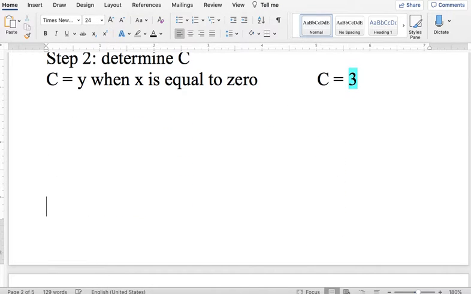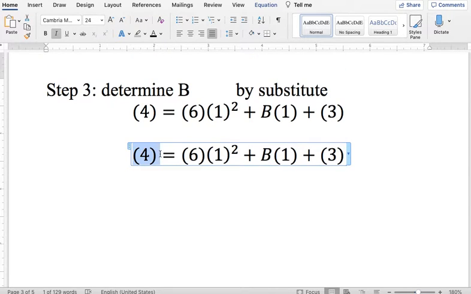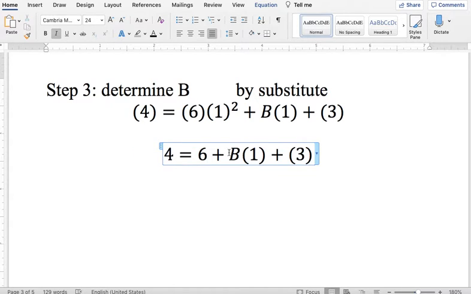Let's give myself some space here. All right, 4 in parentheses is the same as 4 without parentheses. Let's look at this term right here: 6 times 1 squared, or 6 times 1 times 1. Well, 1 squared is just 1, and 1 times 6 is 6. So this term is 6. B times 1 is just b. 3 in parentheses is the same as 3 without parentheses.